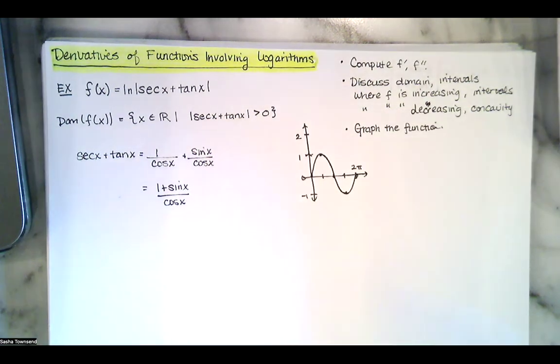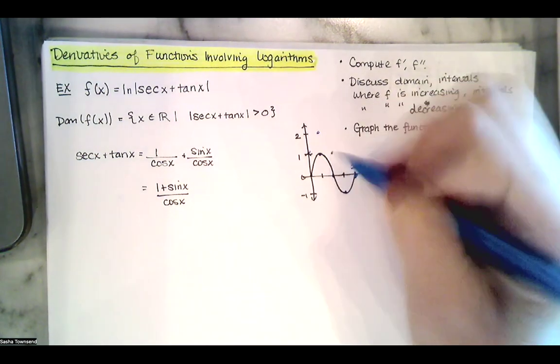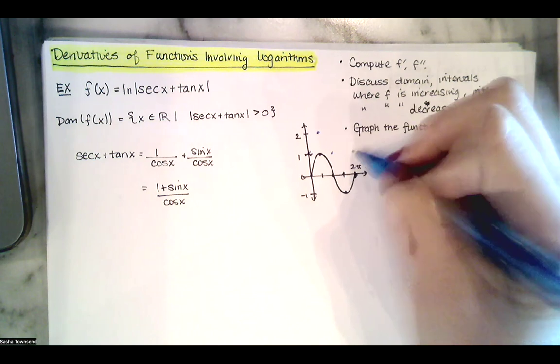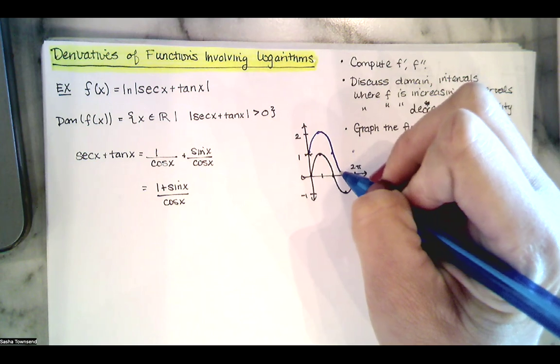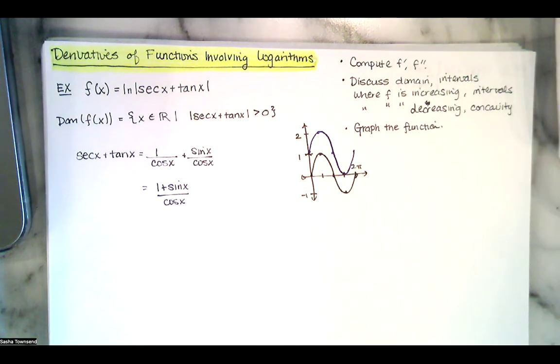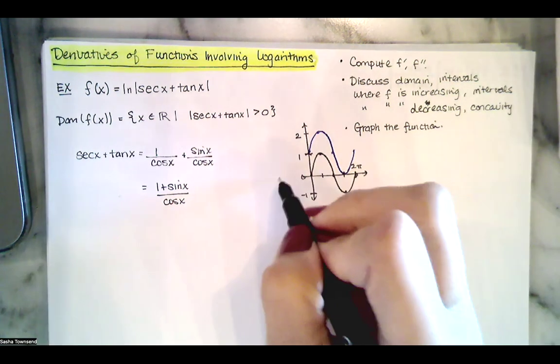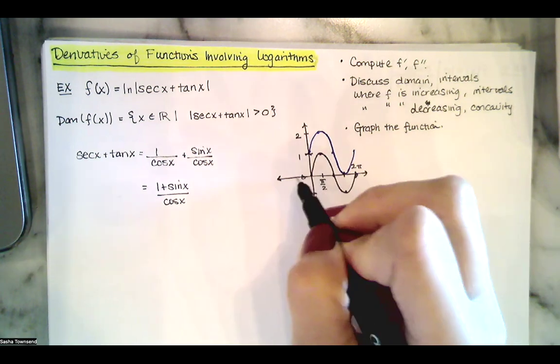It's going to look like this. Same shape curve. And if we want to, we can go backwards a little bit. That maximum occurs at pi over 2.